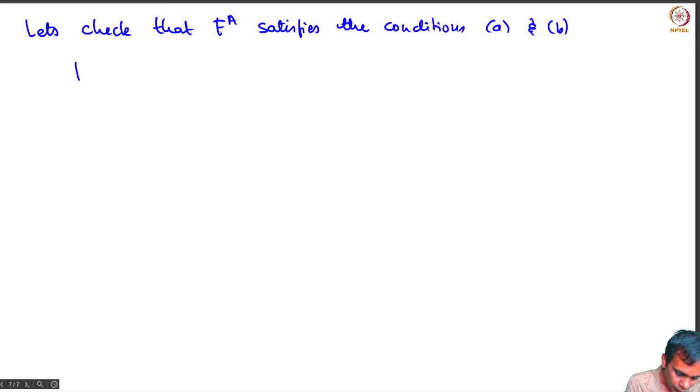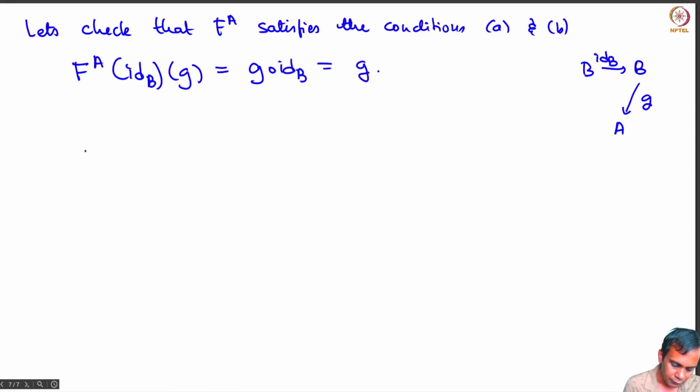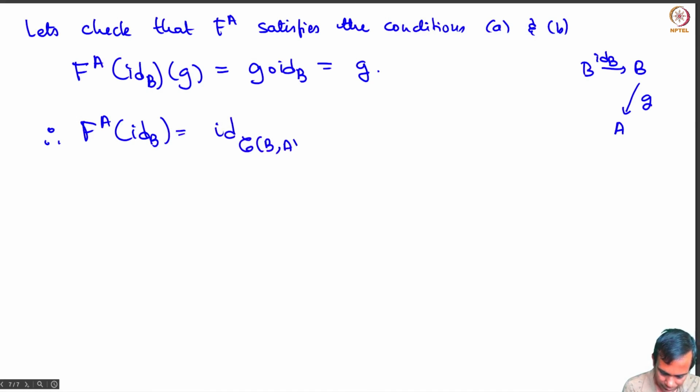So F superscript A of the identity of B: we have some element G here, and so this is by definition G circle identity of B, and so this is G, which means that F^A of the identity of B is the identity function of the set B to A, which is the identity function of F superscript A of B, and that is the identity axiom.